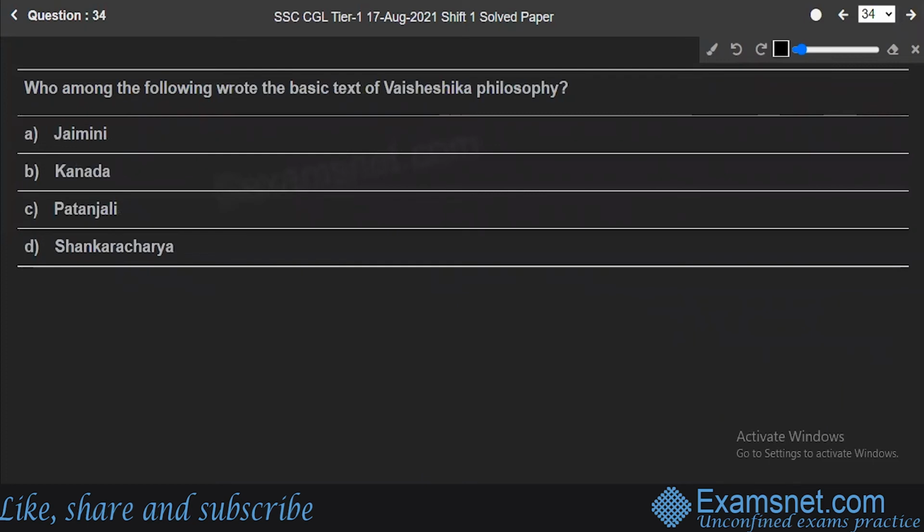Who among the following wrote the basic text of Vaisheshika philosophy? Is it Gemini, Kannada, Patanjali, or Shankaracharya? See, Vaisheshika is one of the six schools of Indian philosophy, that is the Vedic system from ancient India.